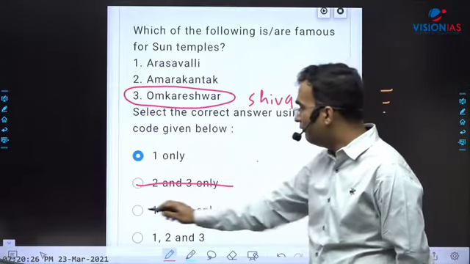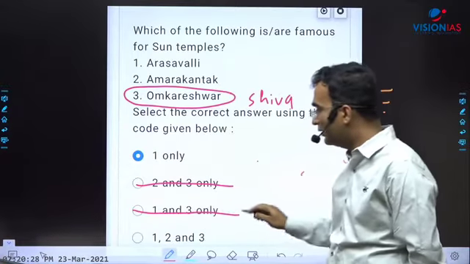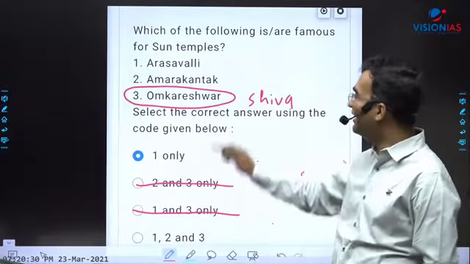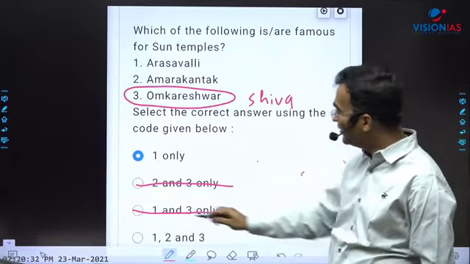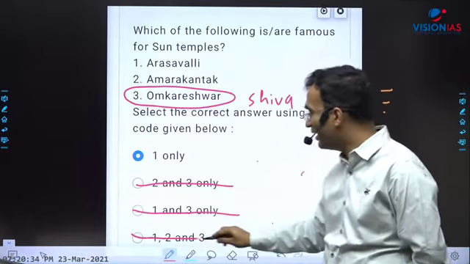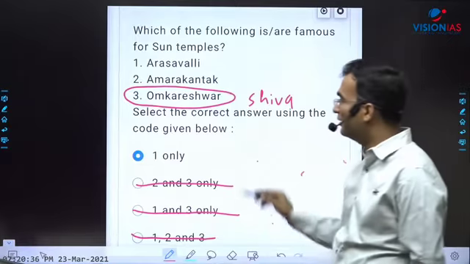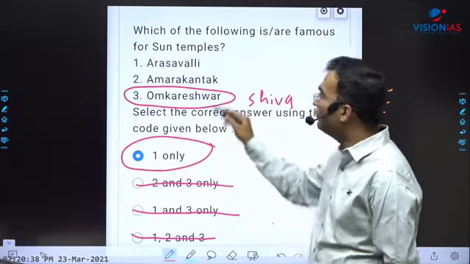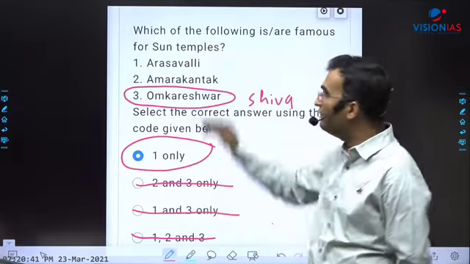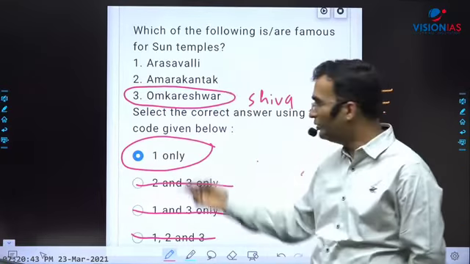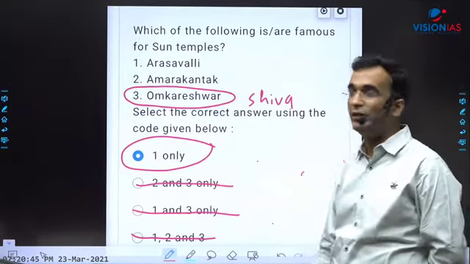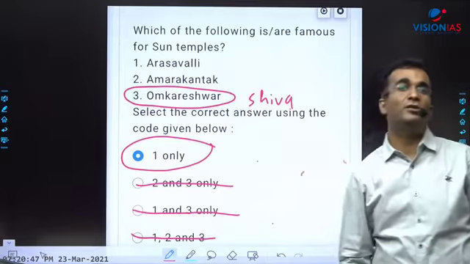Then you have 1 and 3, cut it. Because 3 is already a Shiva temple, cut it. And then you have the last one, 1, 2, 3, cut it. What is the answer? Even if you haven't heard of Aravalli, even if you haven't heard of Amarkantak, you have your answer ready, only if you know these 12 Jyotirlingas.